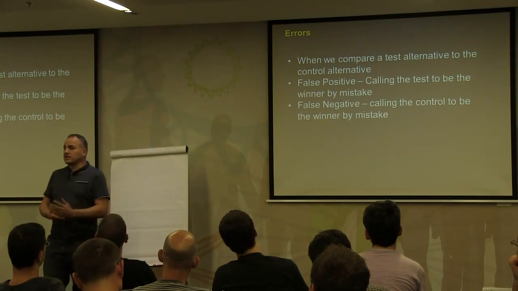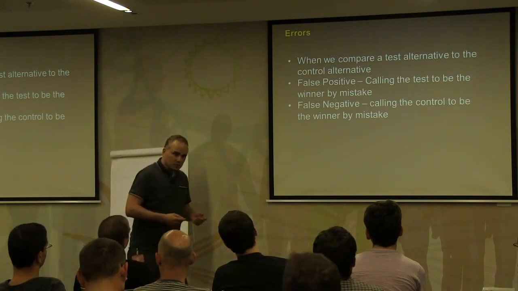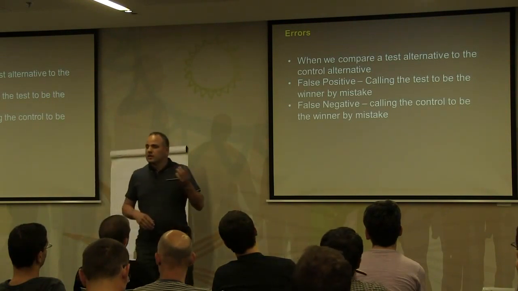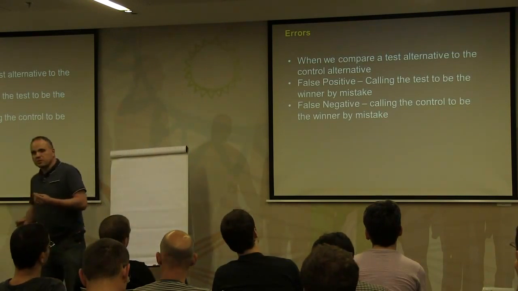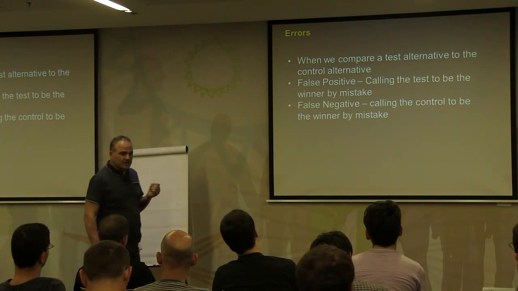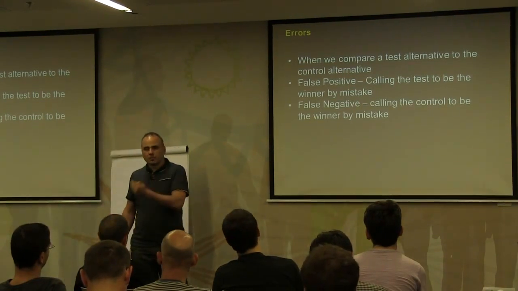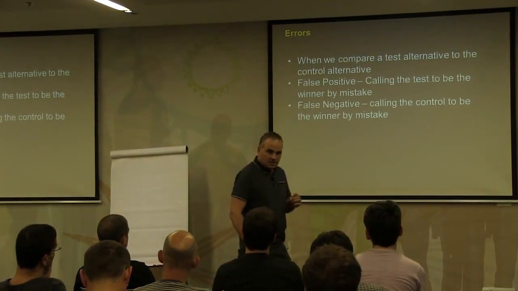But eventually, at the end of the test, either you make a correct decision when you pick A or B, or a false positive or false negative. What is a false positive? A false positive is when you, by mistake, call the competing alternative a winner.